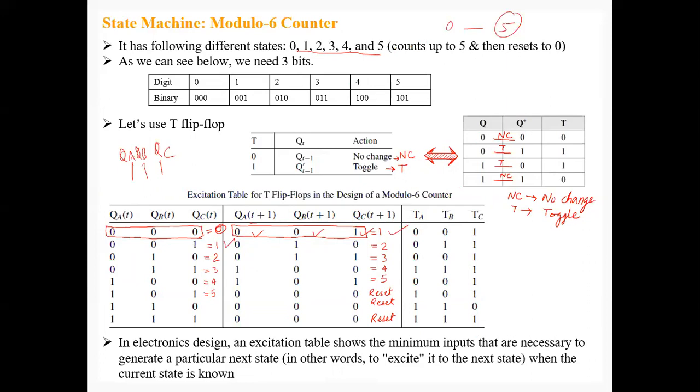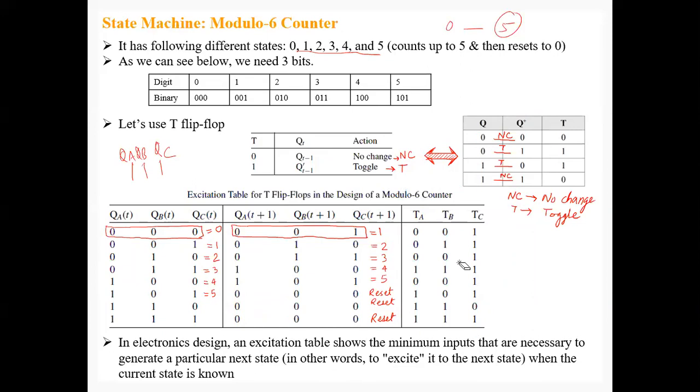Then 1 has to change to 2, 2 has to change to 3. 0 1 1 is 3, right? Then 3 has to change to 4, and 4 has to change to 5. And 5 has to reset. 6 has to reset, 7 has to reset. That's how you make the modulo 6 counter.